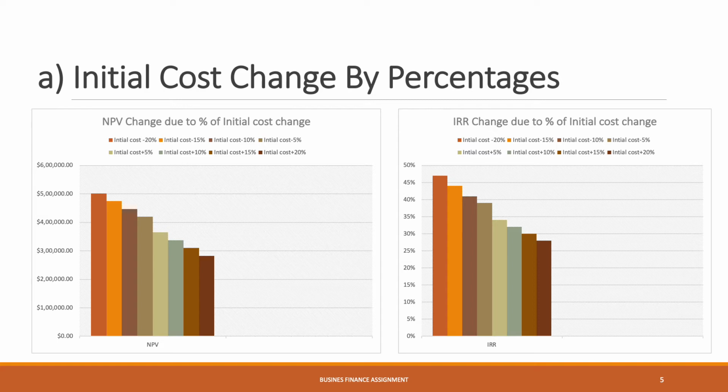In all these cases, the project will be financially acceptable, but when investment increases from 5% to 20%, both NPV and IRR decrease. When investment was increased by 20%, the IRR value dropped by 8%. And also we can see that there is a continuous decrease in NPV and IRR as the initial cost is changed.